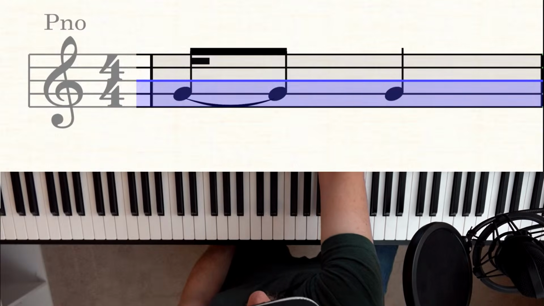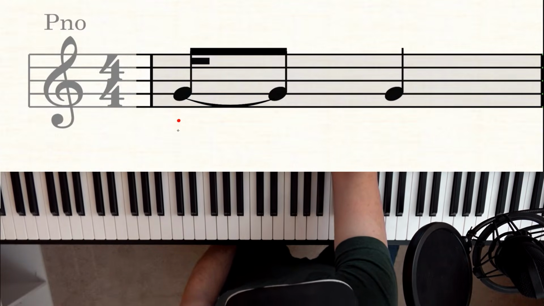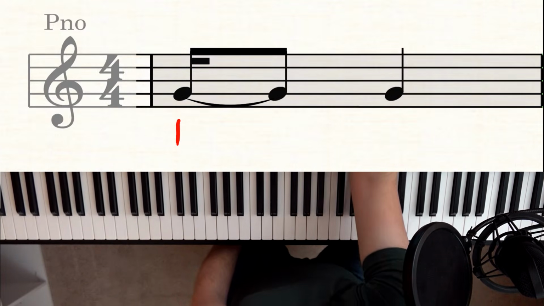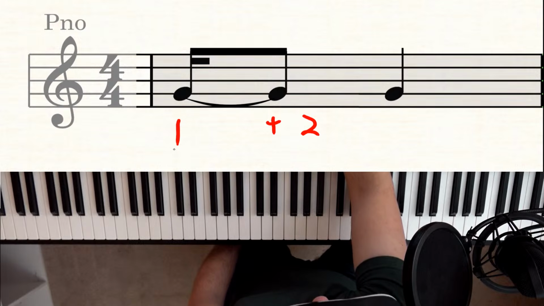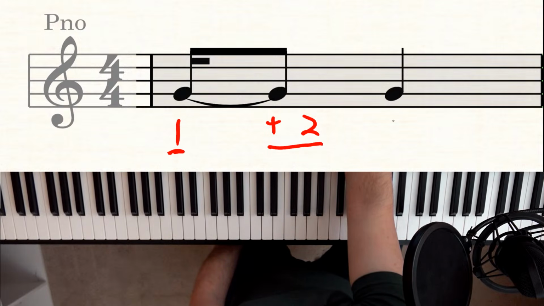Oh my God. All right, sorry. So here's beat 1, and then and 2, right? Remember, that's a 16th note. 1 and 2, and that would hit and 3 right there. No, sorry.